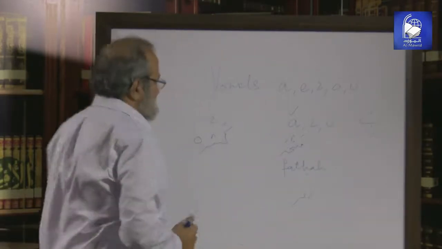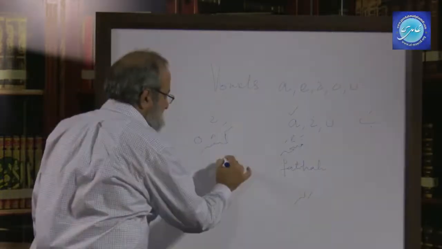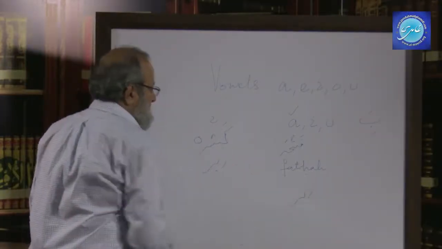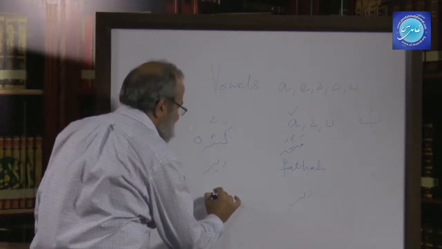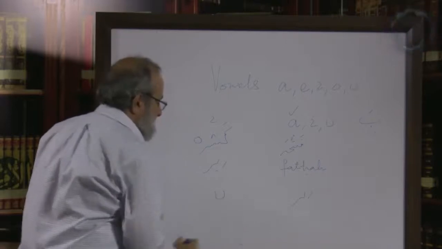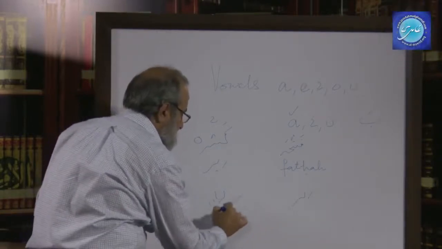A third vowel is, well, in Urdu it's pesh. The third vowel is the equivalent of U, which is dhamma.